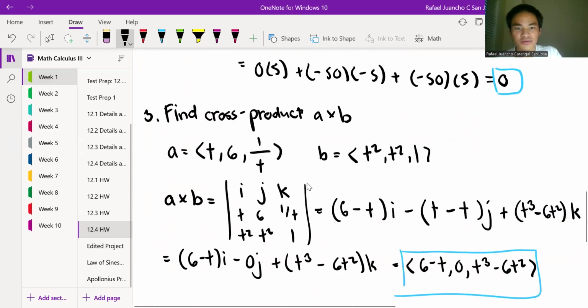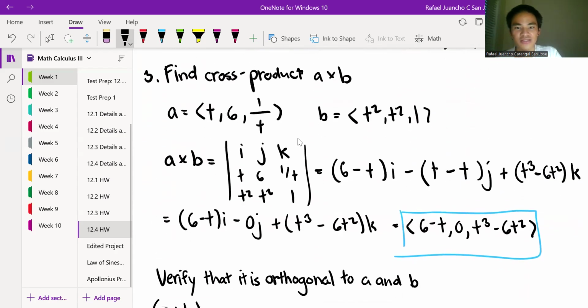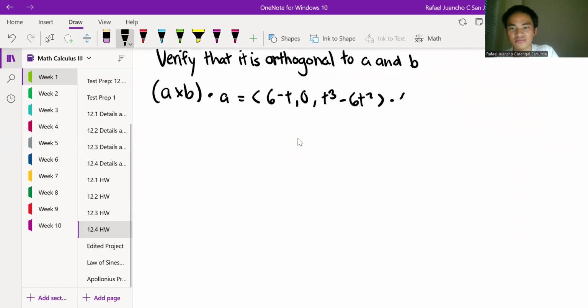And what are the components of A? t, 6, and 1 over t.